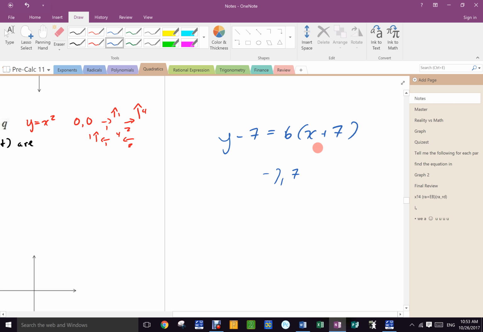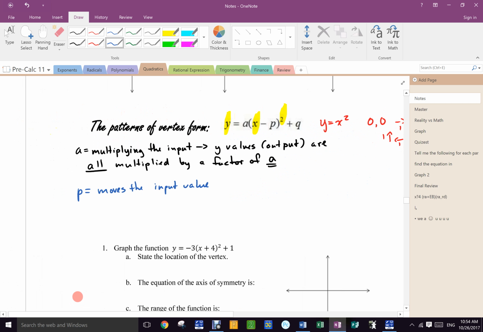Because if I make this x negative 7, I get negative 7 plus 7, which is 0, yes? And if I make this y positive 7, 7 minus 7 is 0. Does 0 equal 0? So remember, when we're graphing, it's not subtraction. It means the opposite, yes?